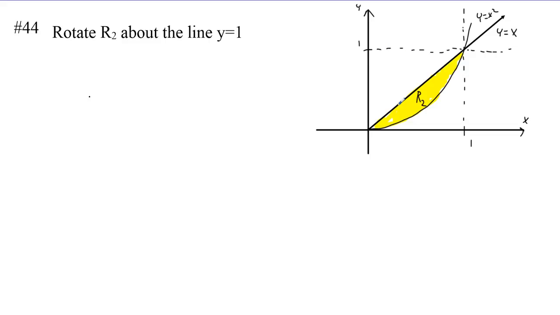That's kind of complex, and so the best way I can think of explaining this is to write out the equation and what it looks like, and then describe how you go about doing it when you are asked to do these reflections or rotations about lines that are not the x or y axis. So the equation is going to be pi integral from 0 to 1, because we're only going from 0 to 1, so that makes sense.